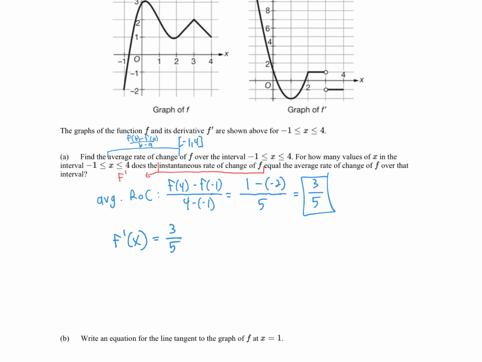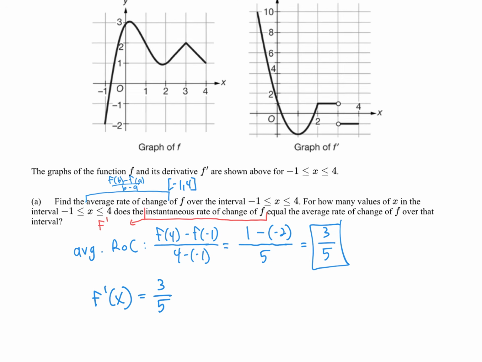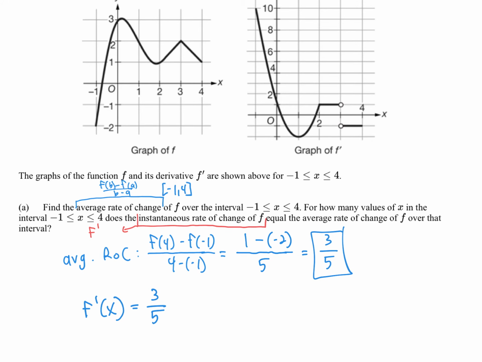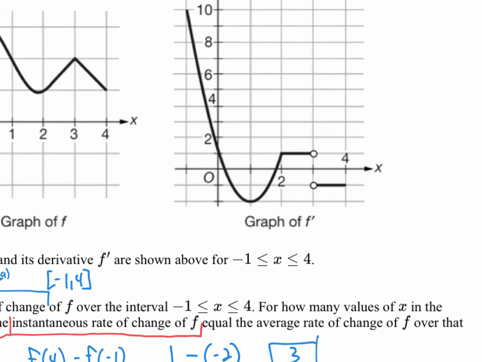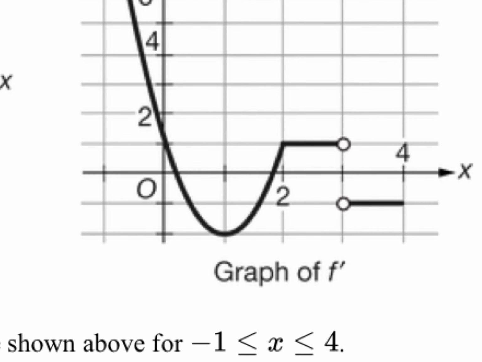Okay, and for this we don't need to know the x values where it equals 3/5. We just want to know how many times it equals 3/5. Okay, so we can do this two ways. The fact that we're given the derivative, I think it'll be easier to use this. So notice 3/5 is maybe right around here.